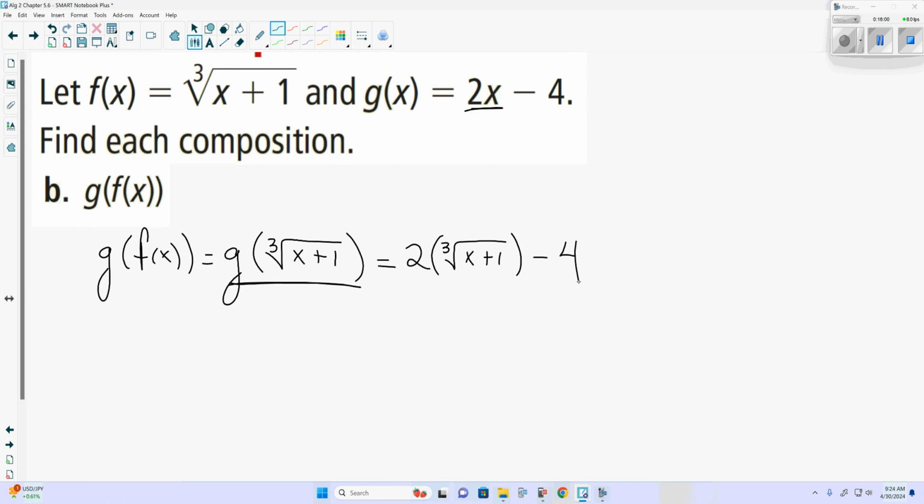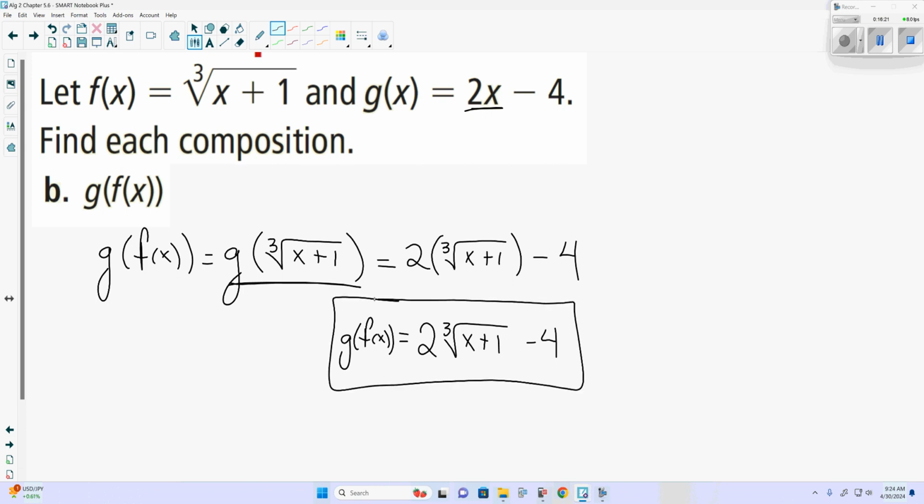Last thing we need to do is simplify. We need to multiply 2 in the cubed root of x plus 1, which is 2 times cubed root of x plus 1 minus 4. And that's as far as that goes.